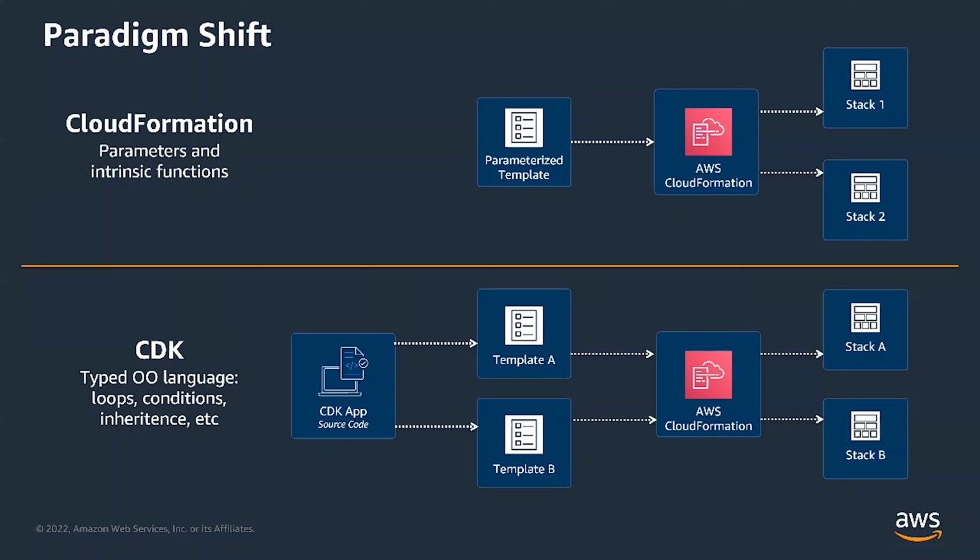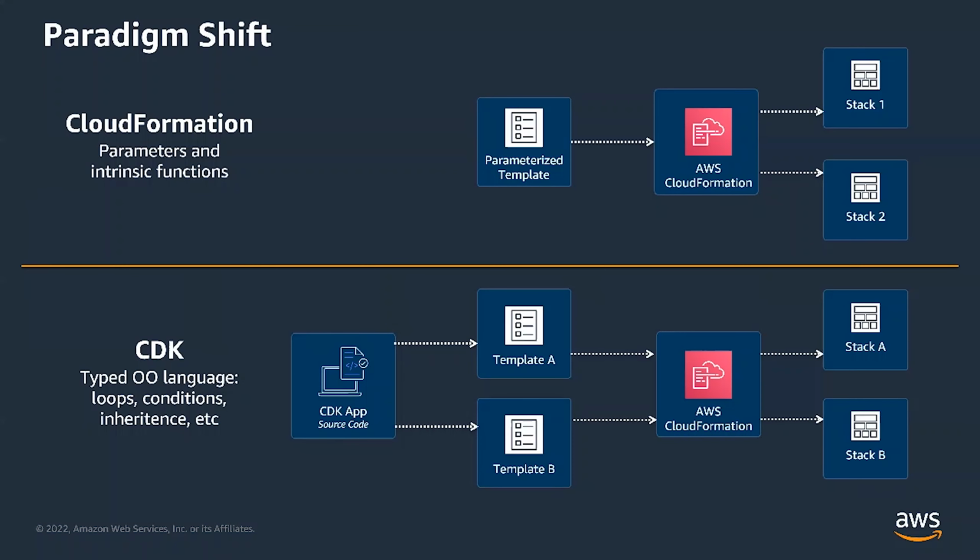But with CDK, you start with your application, and then it's going to provision templates and then the associated stacks. And you can bring all the power of your custom languages. The example that I prefer to say is loops. If you're trying to deploy two VPCs with CloudFormation, you're going to have to copy and paste the stacks maybe. But with CDK, you can just make a loop and it will generate the two VPCs for you.